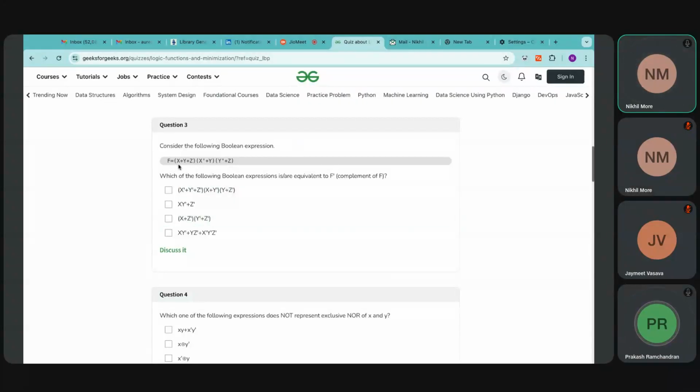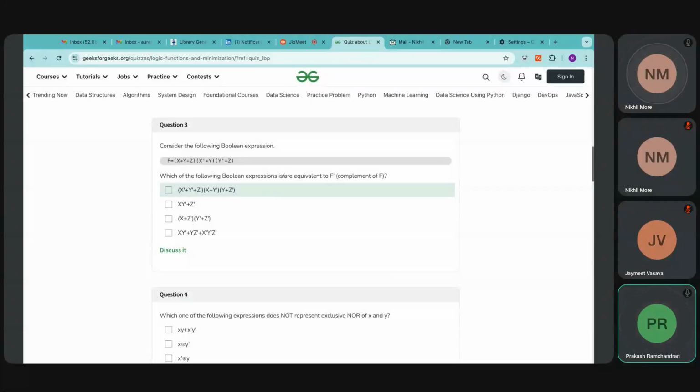X plus Y plus Z, or X bar plus Y, and Y bar plus Z. So it is a product of three expressions, right? Yes. So there is a difference between product of sum and sum of product.